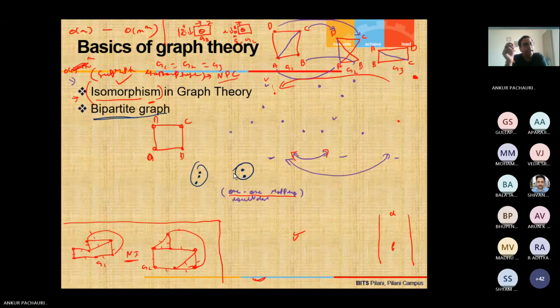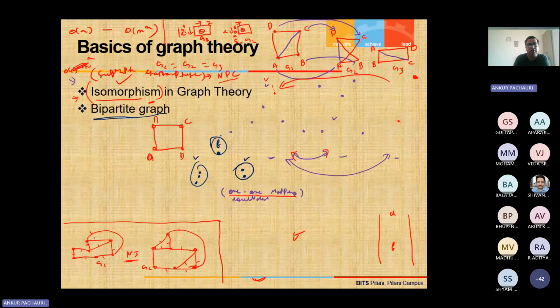Collectively exhaustive means all the nodes of a graph should be a part of one or the other partition. It should not be the case that A, B, C, D, E, F, and F is not a part of any partition. If there is a node in the graph, it has to be either in partition 1 or partition 2.